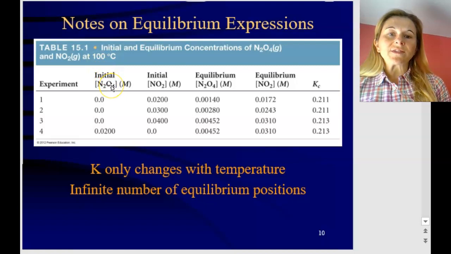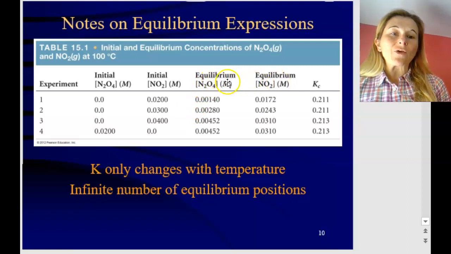And we look here and we see initial concentration of our reactants, initial concentration of our products, and we see our differences here, okay?